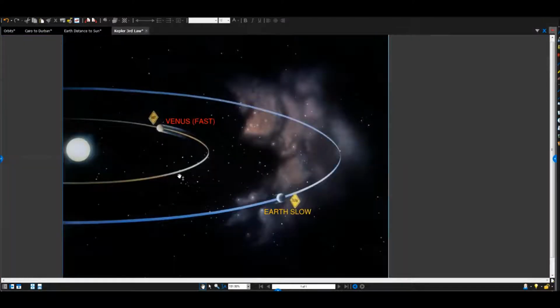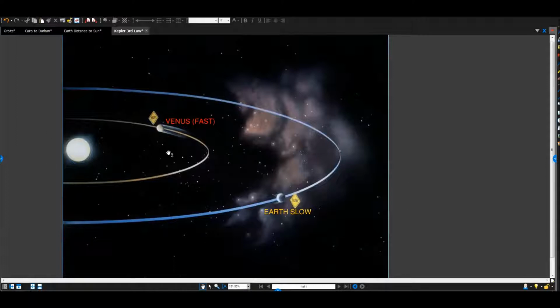So here we go. What was found is that as planets are closer to the Sun, they travel faster in their orbits. This was found by the famous astronomer Johannes Kepler. Venus, because it's closer, travels faster than Earth, which is further away. The further away you are, the slower you travel. Jupiter, Saturn, etc., will travel much slower than Earth.